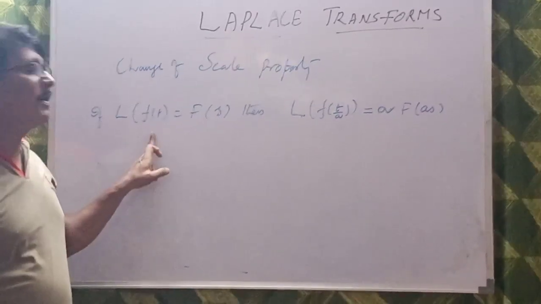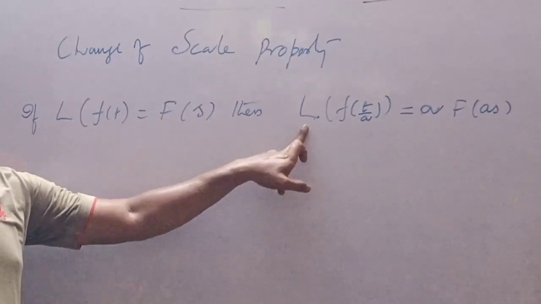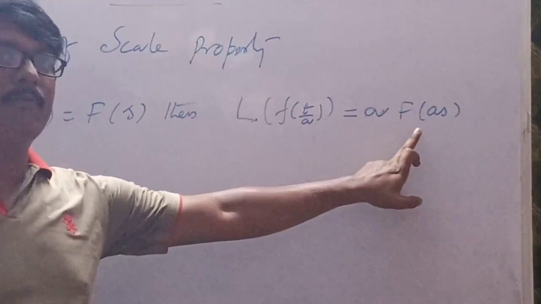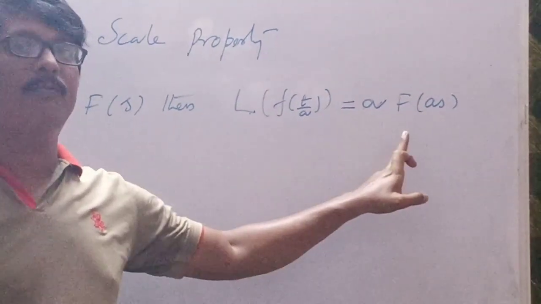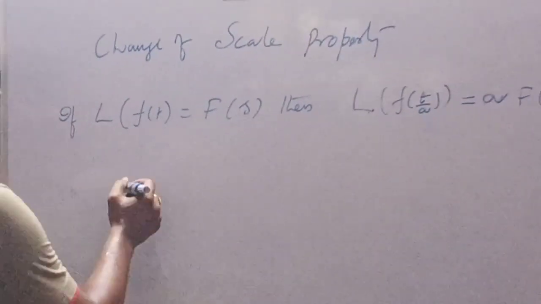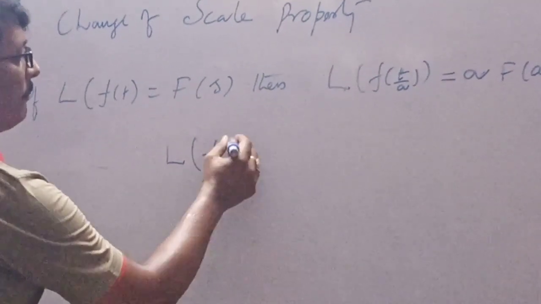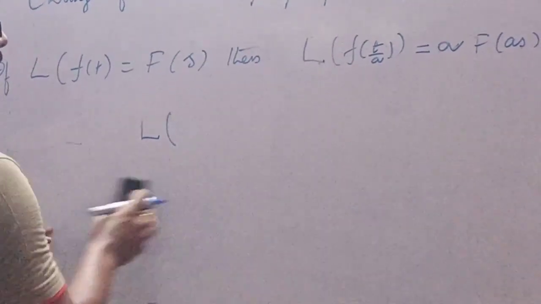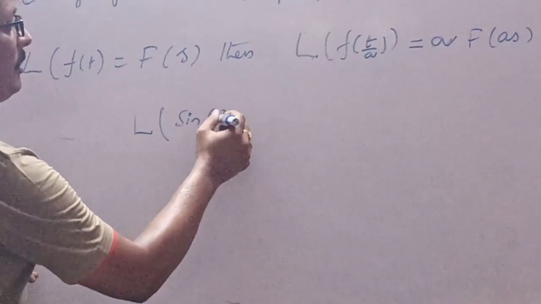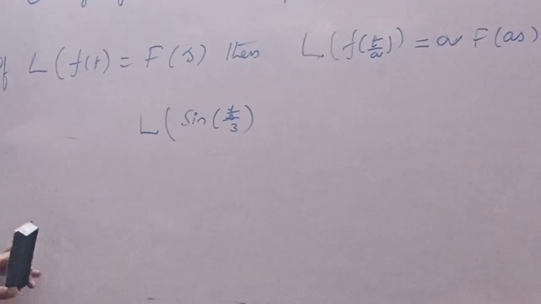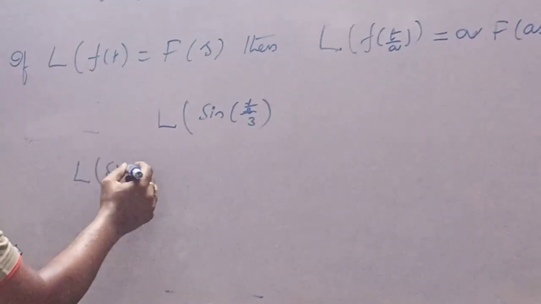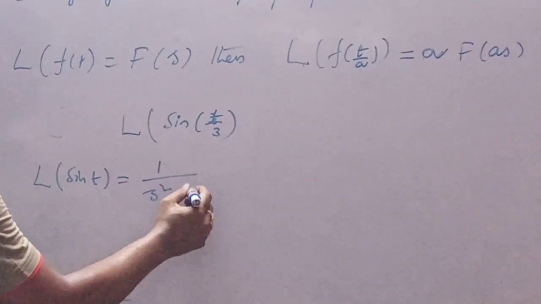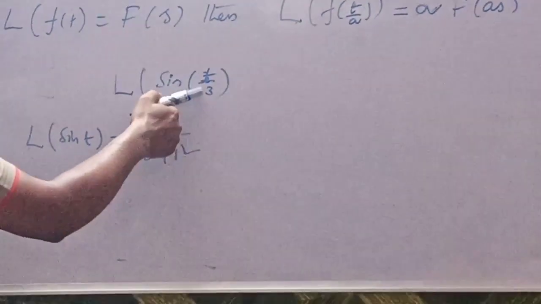If the Laplace transformation of f of t equals capital F of s, then the Laplace transformation of f of t by a equals a into F of as. For example, take the Laplace transformation of sine of t by 3. As we know, the Laplace transformation of sine t is 1 by s square plus 1 square, but t is replaced by t by 3.